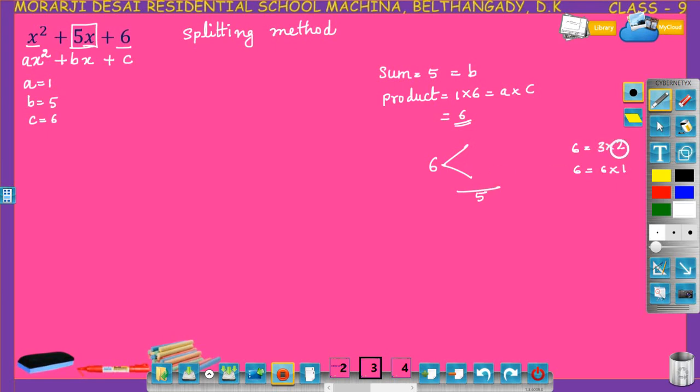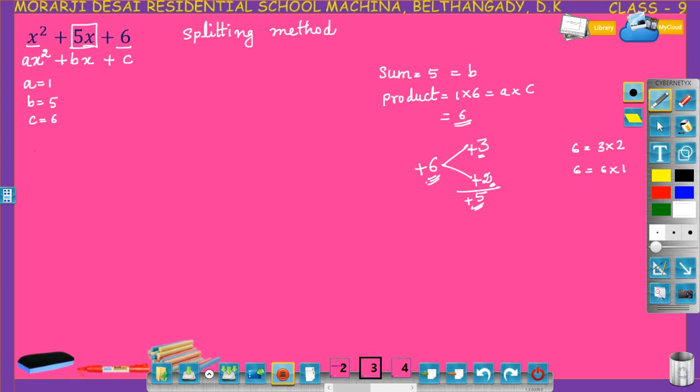If I write 3 and 2, then the sum of 3 and 2 is 5. What is the sign here? Plus. 3 plus 2 is equal to plus 5, and plus 3 into plus 2 is equal to plus 6. Here sum is plus 5, product is plus 6. So the two numbers are plus 3 and plus 2.